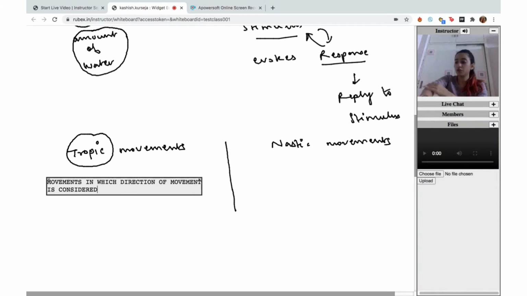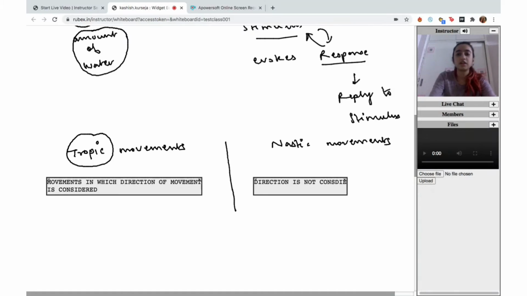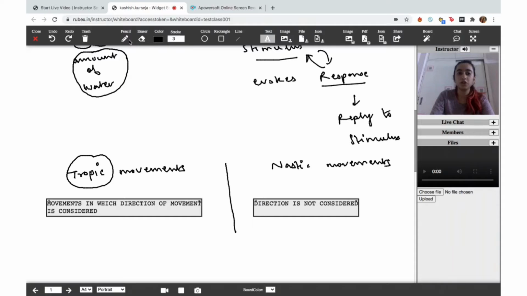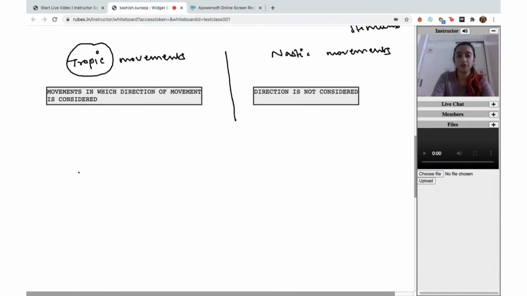What is the direction of movement जिसमें हमें ये हिलते हुए नज़र आना चाहिए. ठीक है. On the other hand, in nastic movements direction is not considered. They can show movement in any direction and we don't have to pay attention to it.